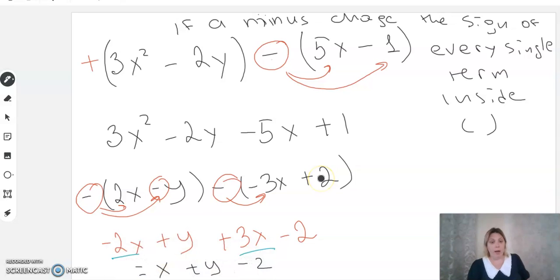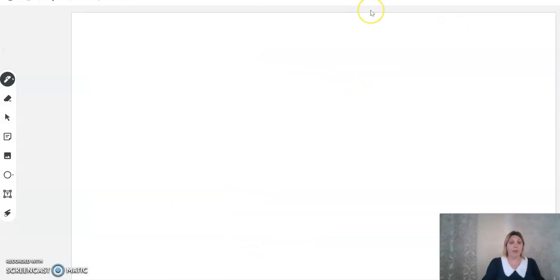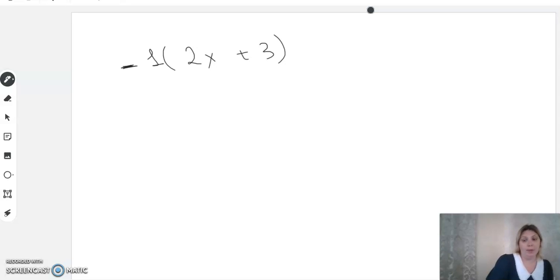So if you are familiar with FOIL, right, and you should be familiar with FOIL by now, very, very much. This is really just FOIL. So what does this really mean in terms of FOIL? So let's say you have 2x plus 3. You can think of this minus sign in front as minus 1 multiplying these parentheses.